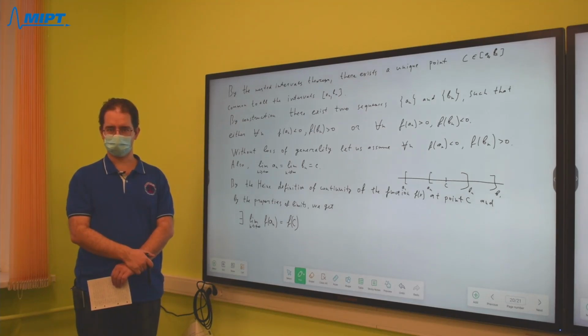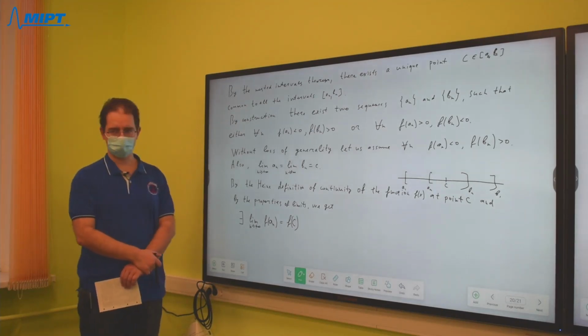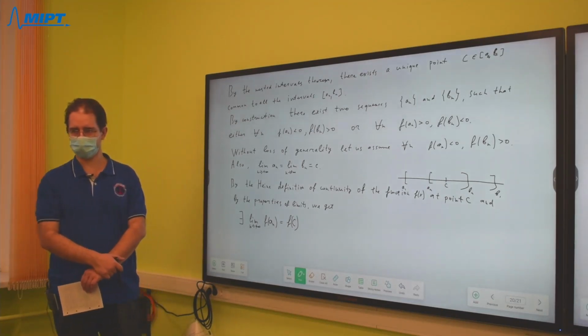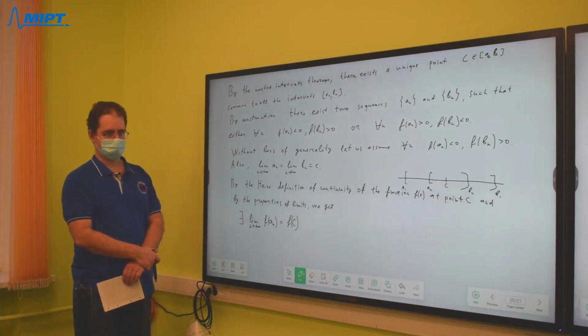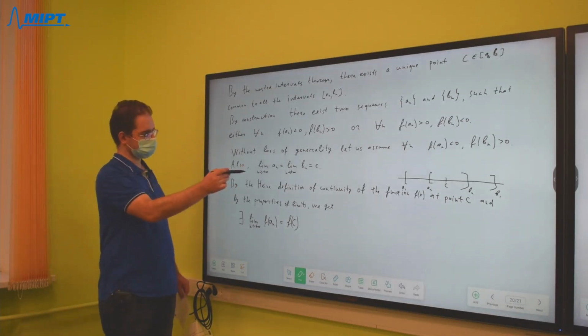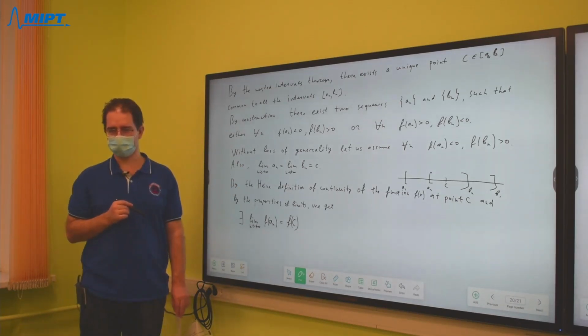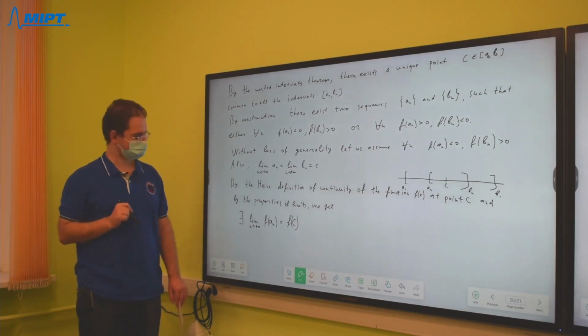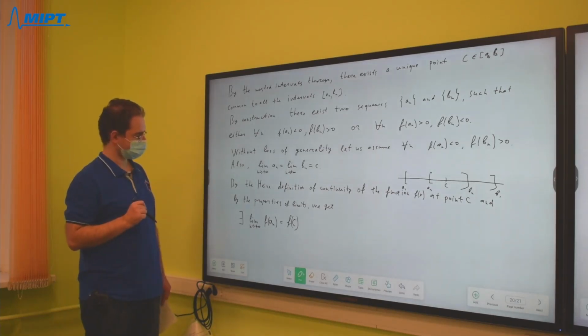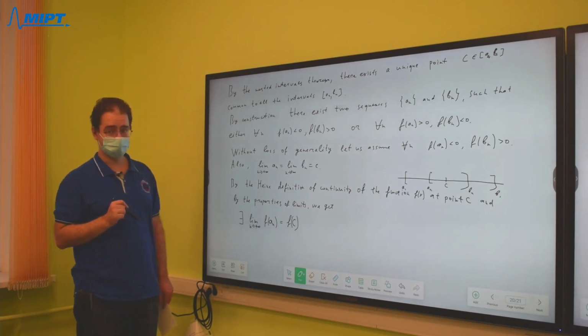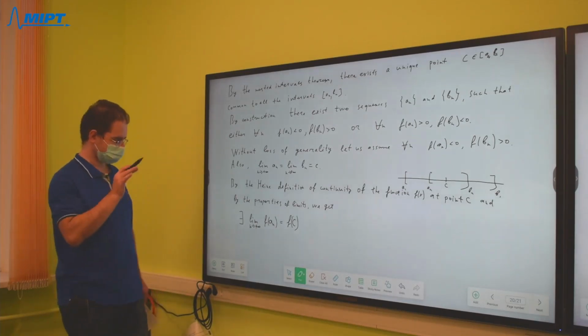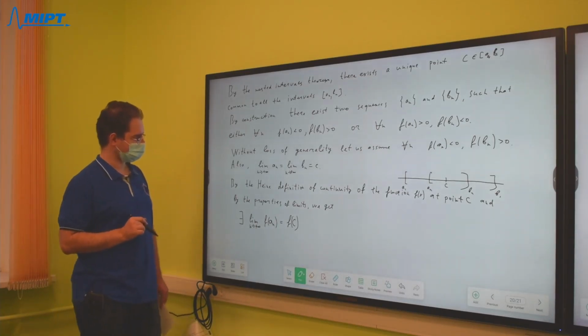Think about it a bit. Think why we do not need it. It should converge to C, but it doesn't really matter if it equals C.